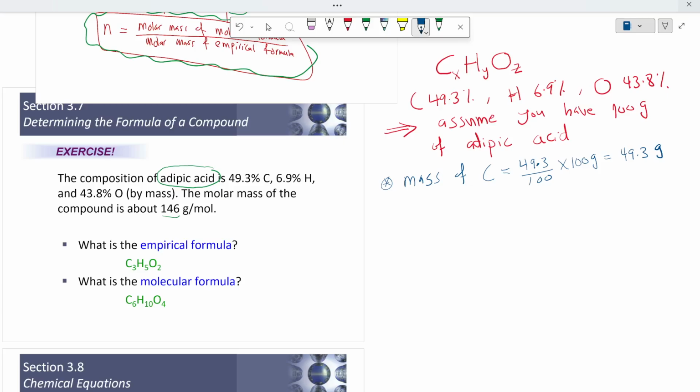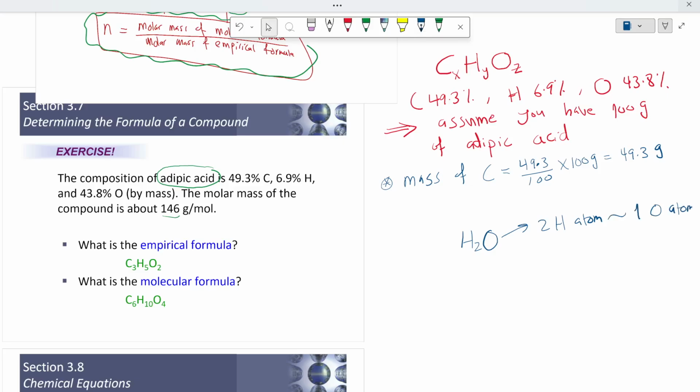We explained that these subscripts have two meanings. The first meaning is the number of atoms. When I say, let's say here, this is just an illustration, it's not related to the exercise, when I say I have H2O, it means that you have two hydrogen atoms to one oxygen atom.